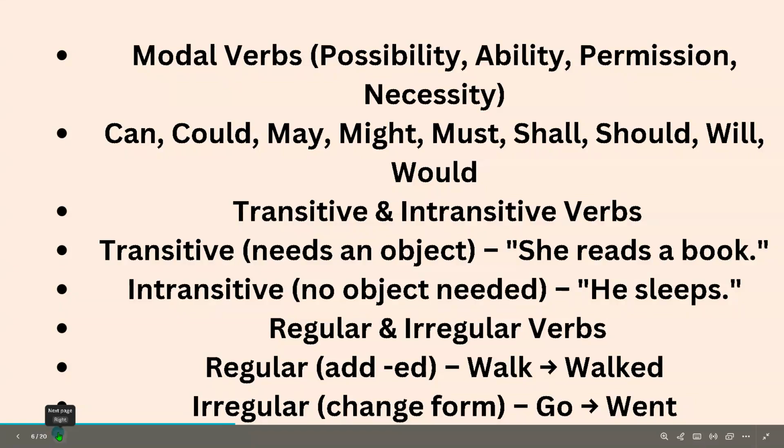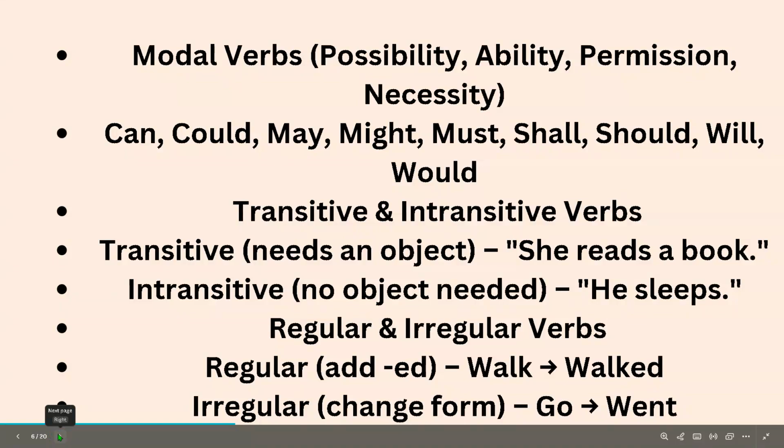Transitive and intransitive verbs. Okay. Transitive needs an object. She reads a book. So here in this sentence, she is the subject and book is the object. So this verb reads is relating the subject and the object.